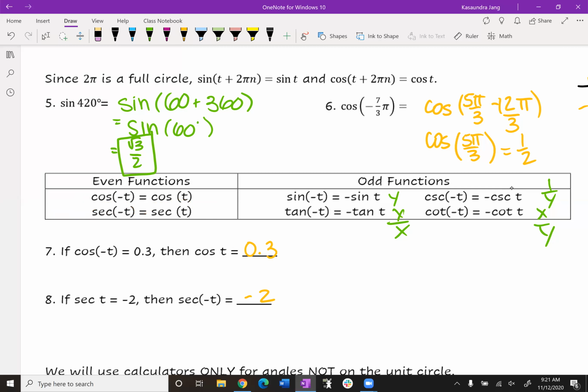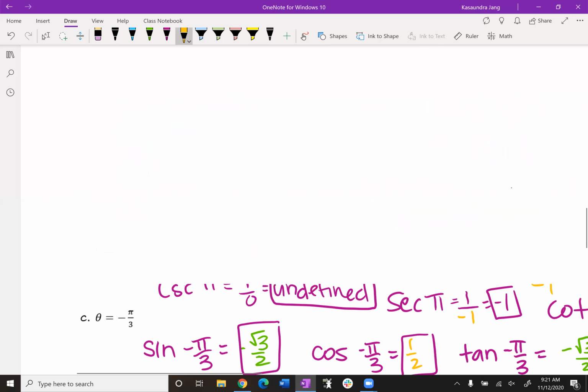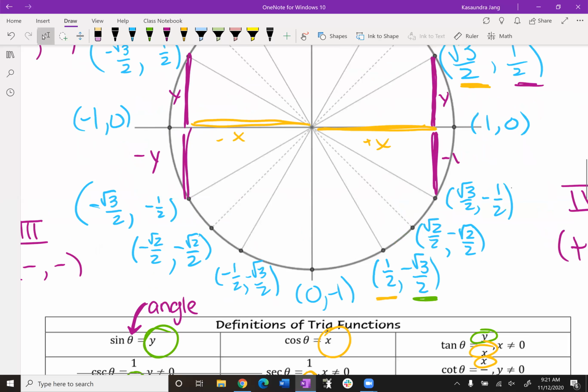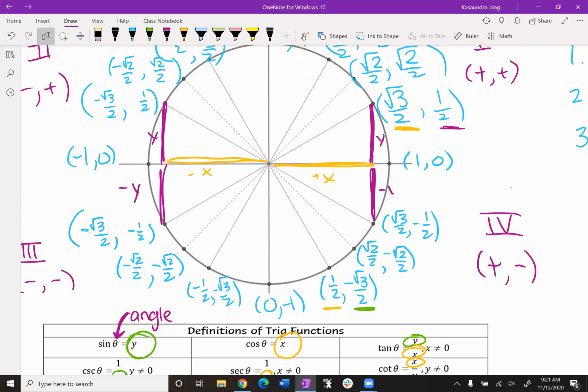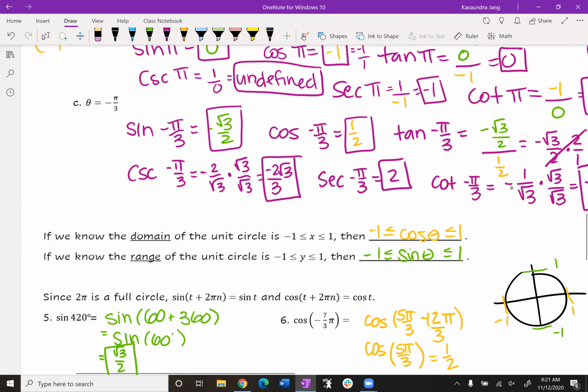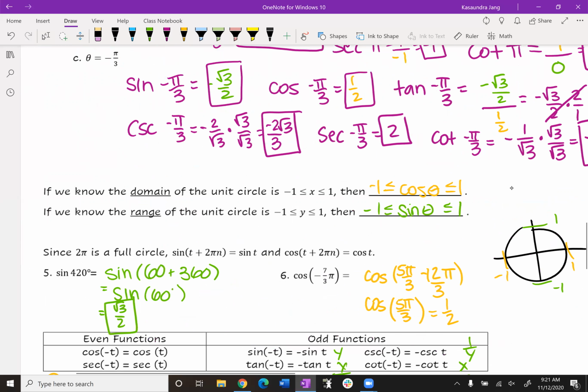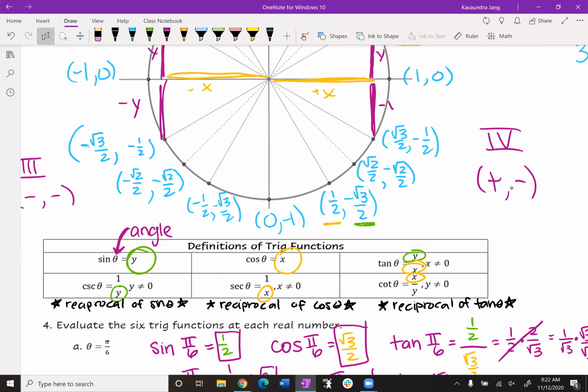So the reason those are the exact same thing, if I show you this on the unit circle, let's see what it looks like. So I'll look at number 7 here, the cosine of some negative angle that is 0.3. So I'm gonna do a cosine of negative angle in that I'm gonna go in the negative direction here. Cosine of that negative angle is, they said a positive 0.3, so I should have a positive x value. The cosines are my x values.